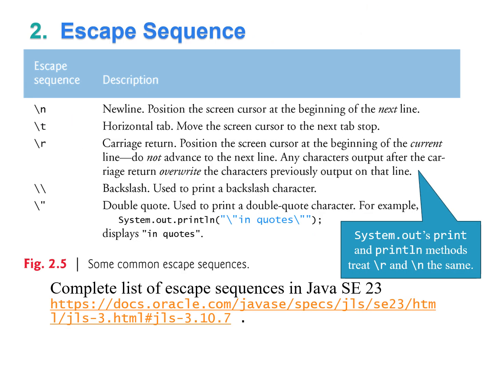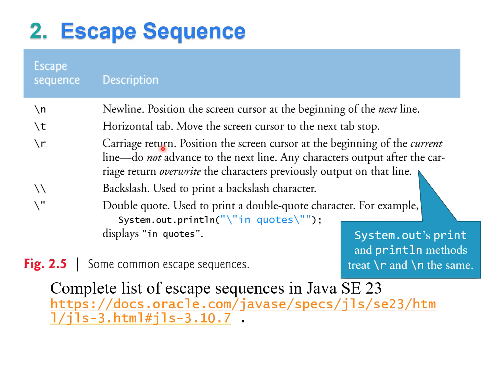There are about 8 escape sequences, excluding those with octal digits. Here are the 5 common escape sequences. The first one is the new line character, which we already know. The second one, denoted as \t, is the horizontal tab. It will move the screen cursor to the next tab stop. The third one, which is \r, is the carriage return character.